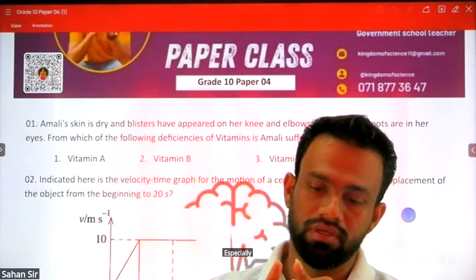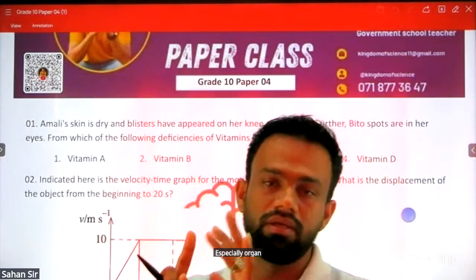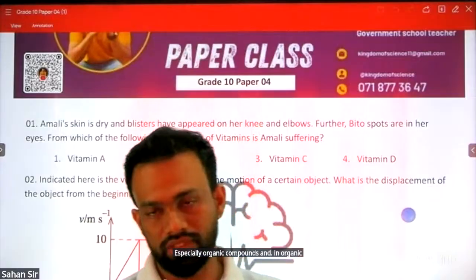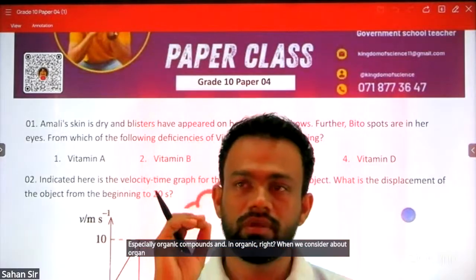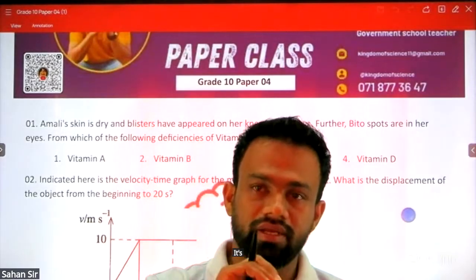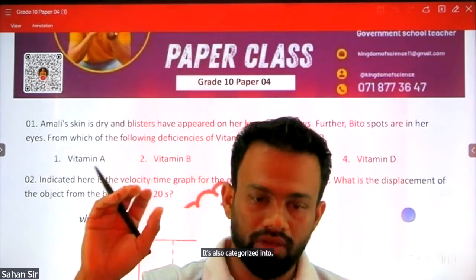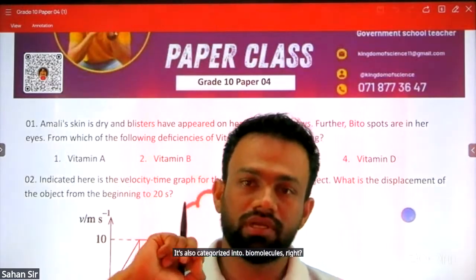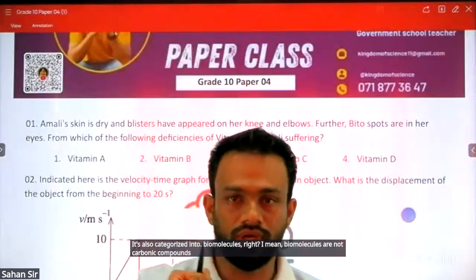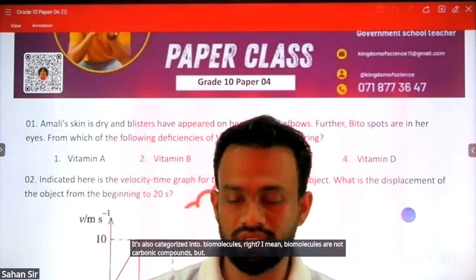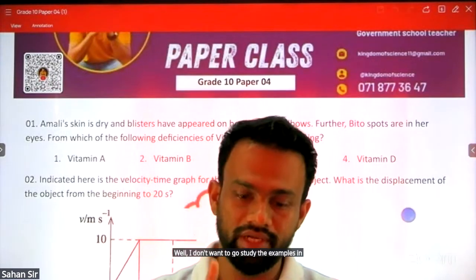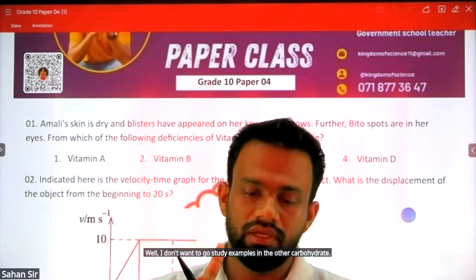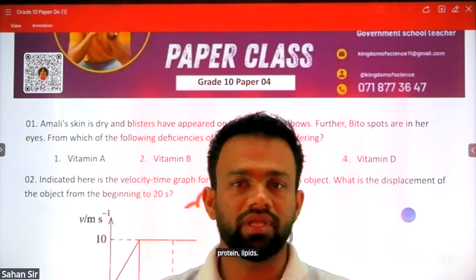especially organic compounds and inorganic compounds. When we consider organic compounds, they are also categorized into biomolecules. Biomolecules are organic compounds, with examples in the carbohydrate, protein, lipids, and nucleic acids.